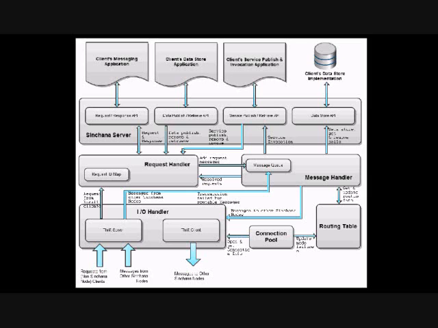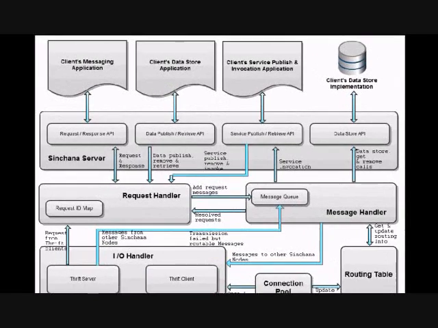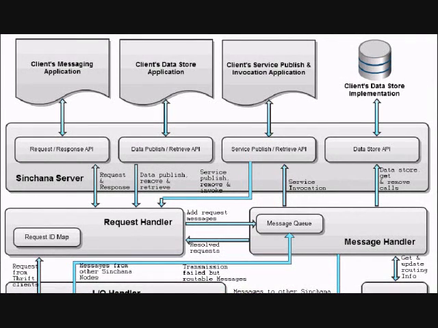The Sinchana distributed hash table has a sophisticated design where each component is easily integrated with the others. Sinchana DHT contains a comprehensive API that provides details of method calls that can be used to publish resources and services conveniently to front-end applications that run on top of the Sinchana overlay network.